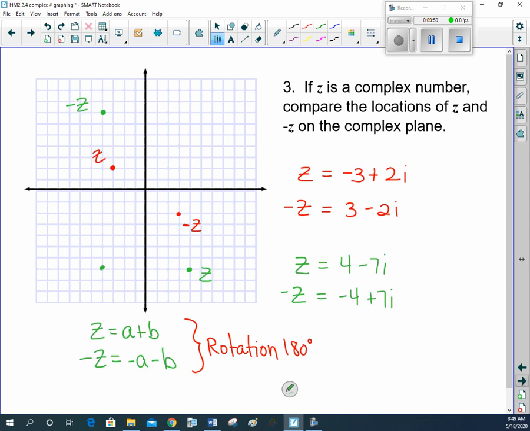And then you reflect it again. So we reflect here to get to the third quadrant, and then we reflect here to get back up to the second quadrant. So two reflections. So you could say you're reflecting in the real and imaginary axis or rotating 180 degrees. And that's what happens when you have the opposite.